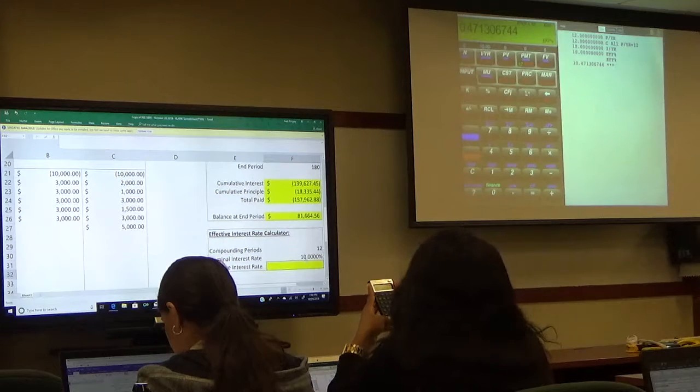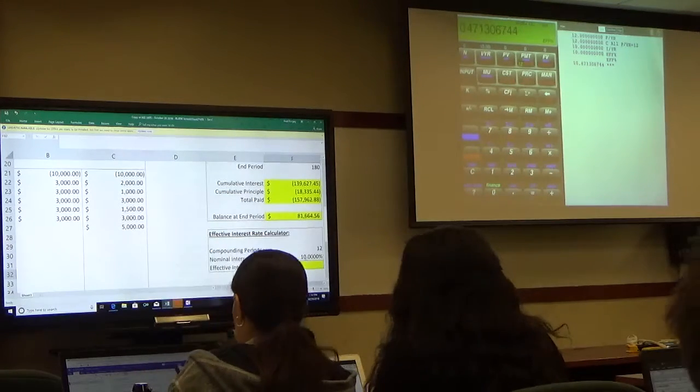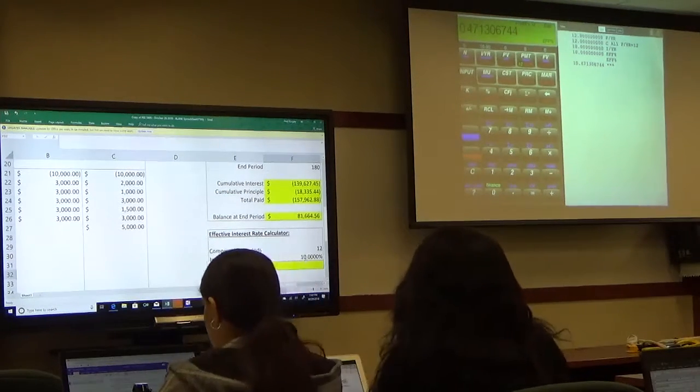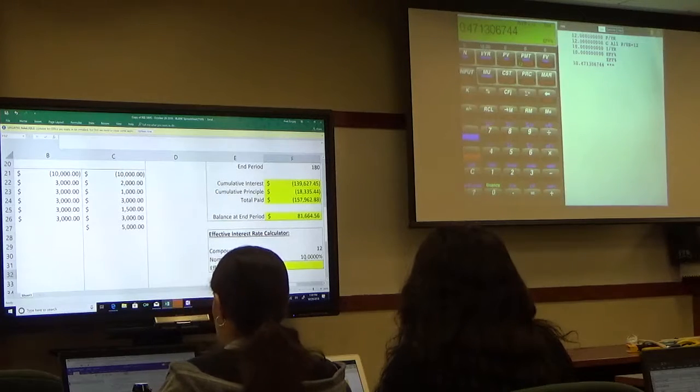Now we want to do that here with the interest rate on Excel.